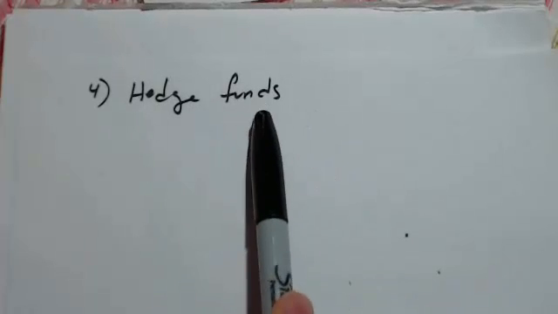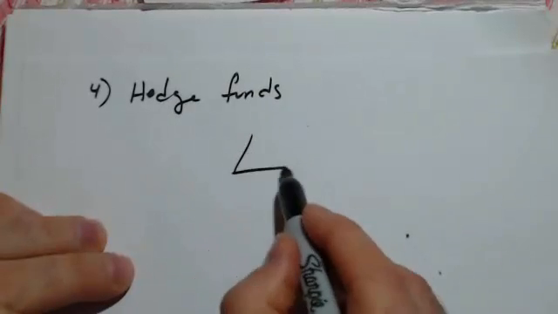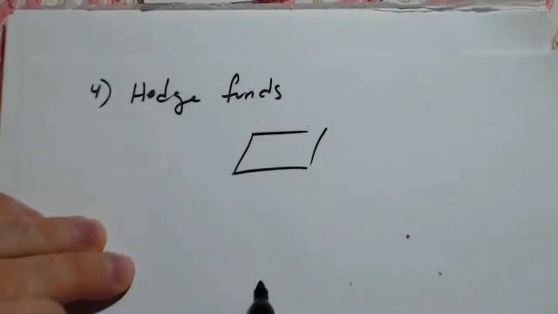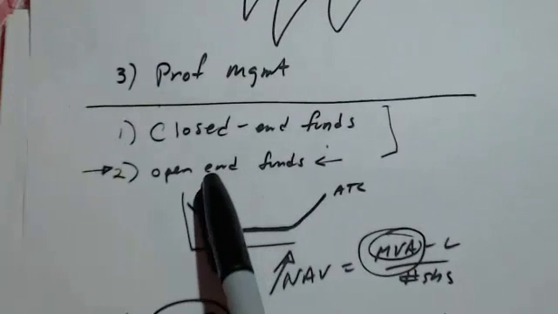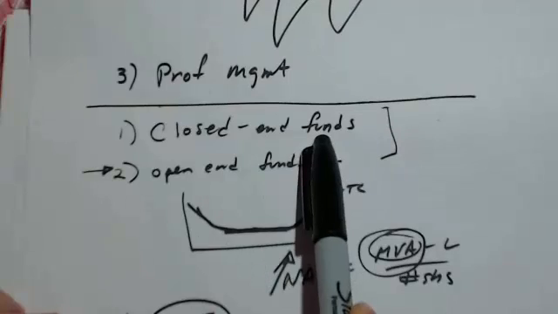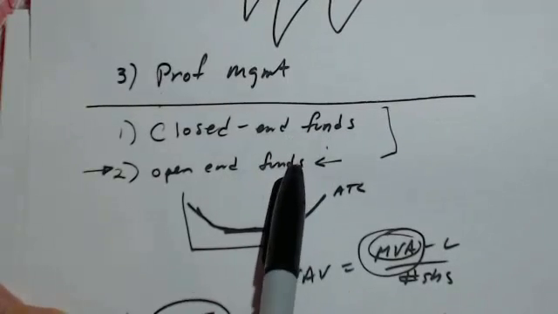Hedge funds don't have that protection, so they often operate in a black box, meaning their strategies are not disclosed. You don't know what their strategy is, and that can be quite dangerous, which is why there have been a lot of scandals and fraud. You don't see a whole lot of scandals and fraud in open-ended funds and closed-end funds because they're heavily regulated by the Securities and Exchange Commission through the Investment Company Act of 1940.